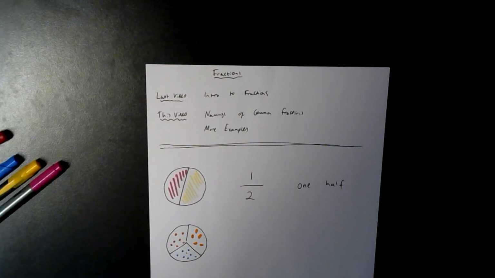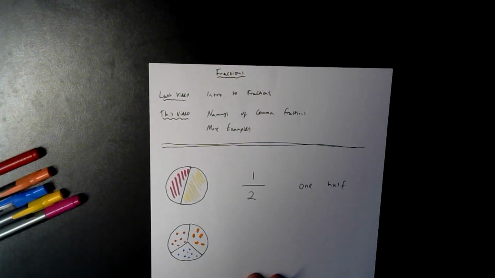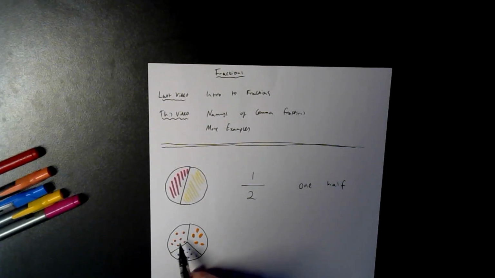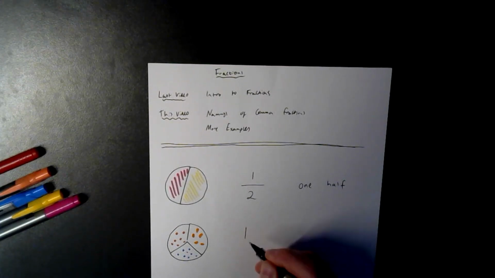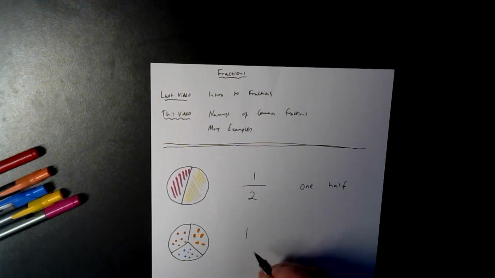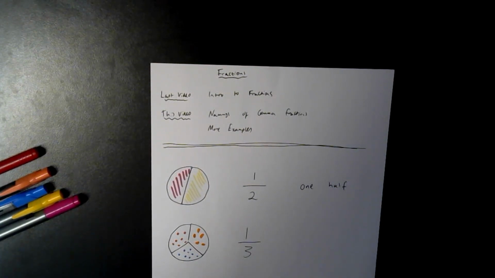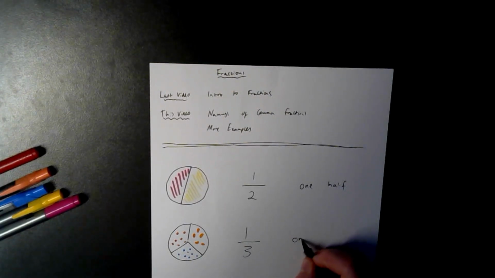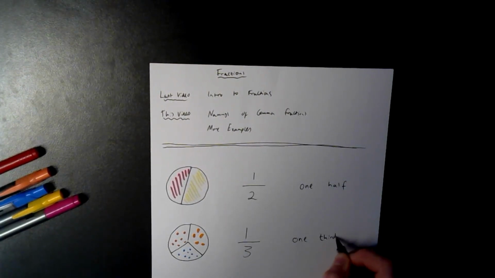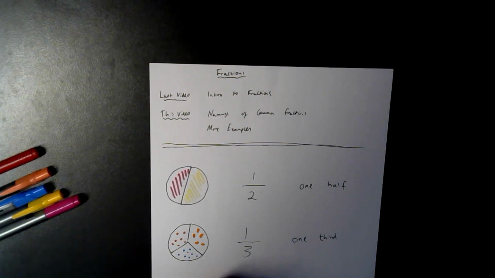And you wanted to ask, how much of this salad is made up of strawberries? We do the same strategy. We count: just one of these parts is strawberry, and there's 1, 2, 3 parts in total, and what we call this is 1/3.